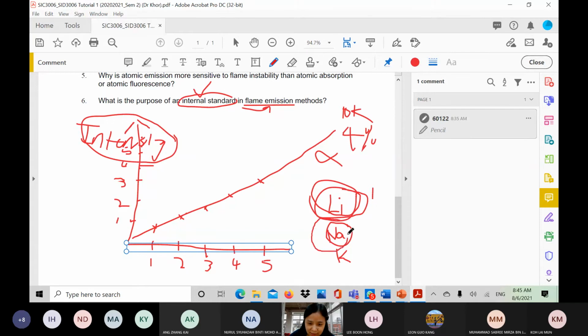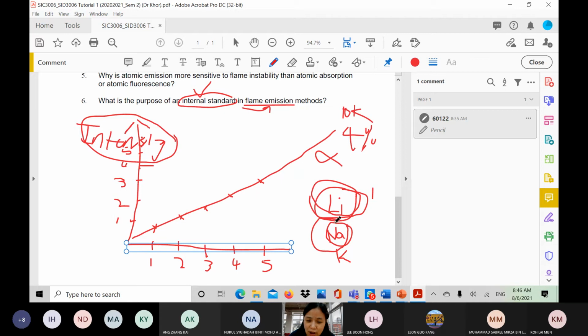The analyte concentration in a calibration plot will change, but the lithium concentration is fixed. So the intensity for this lithium, let's say it's 1:1, 1 ppm to 1 intensity of emission. So if we use 1 ppm lithium, the signal intensity is 1.